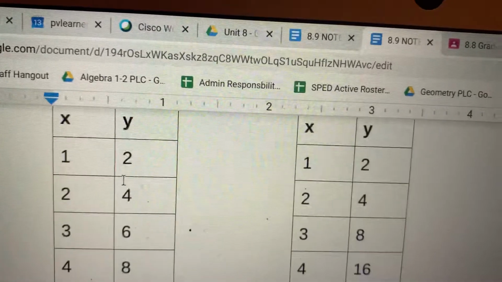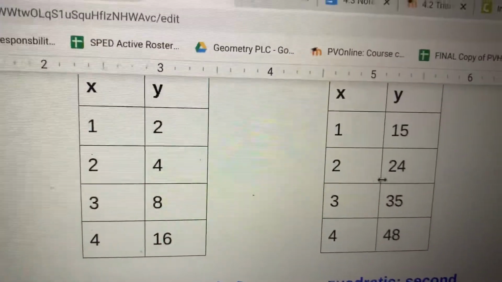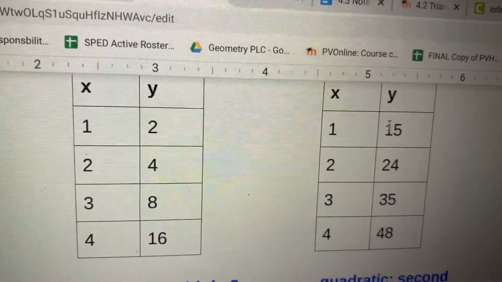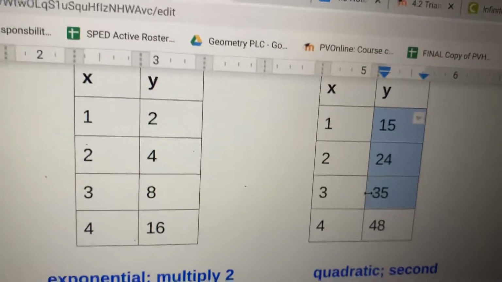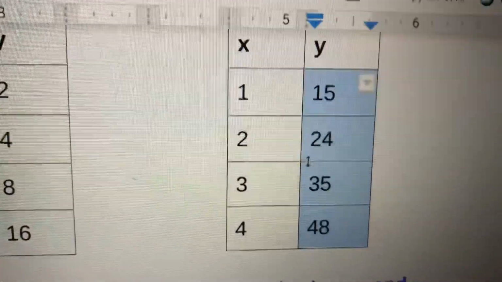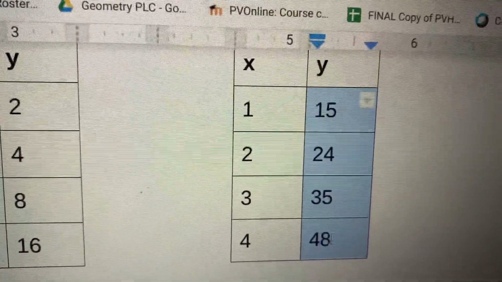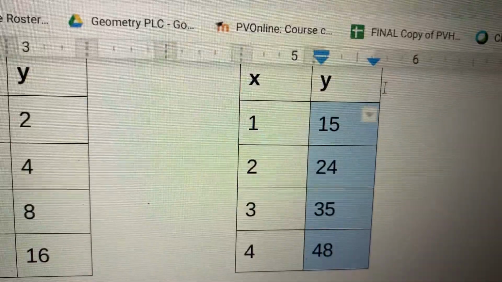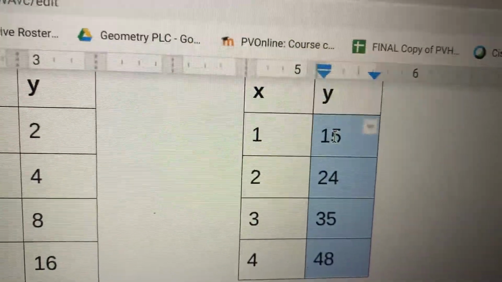And then the last one, a way that you can think about it is if it's not linear and it's not exponential, it's probably going to be quadratic, unless it's going to be neither. But if we look here, we go from 15 to 24 to 35 to 48. So if we do 24 minus 15, we get 9.